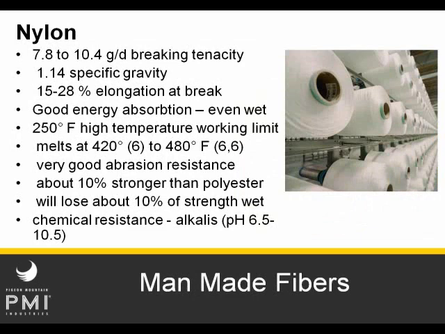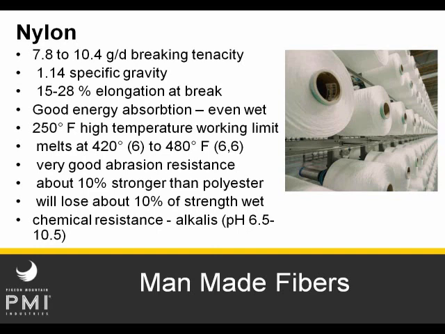Most of the life safety ropes that you see are made of either nylon or polyester. Ropes are historically, and most recently, made of nylon because nylon is very, very strong, but it still has a high elongation characteristic, and that makes it very forgiving when we do fall. Note that the high temperature working limit of nylon rope is pretty high, 250 degrees.